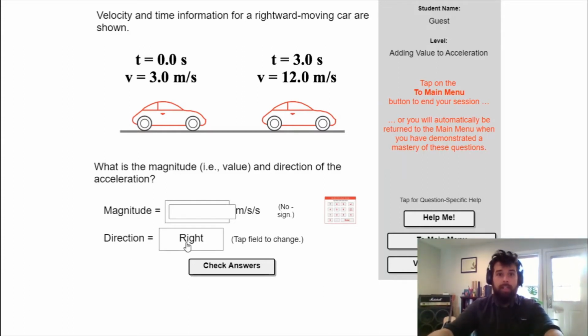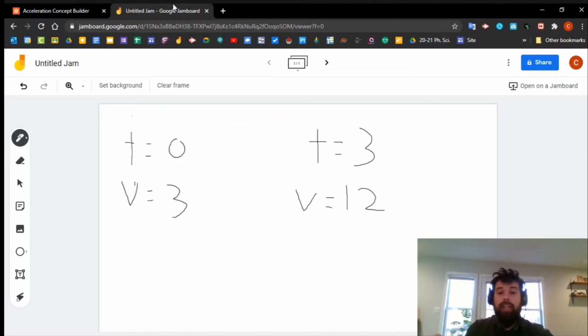When it comes to magnitude, follow me really quick and we'll work it out with these numbers. Okay, so I've written it out here in a place where I can write just so we can have a visual. Now, we're trying to figure out basically how much faster he went every second. So to figure that out, let's figure out what our total change in velocity was, how much he changed over the course of these 3 seconds.